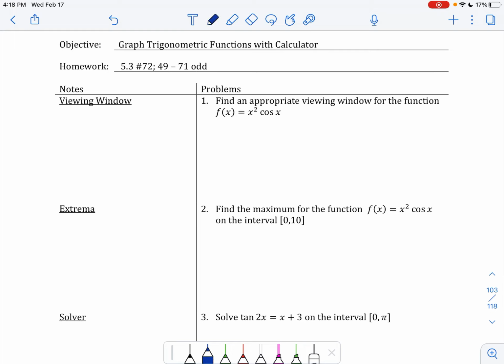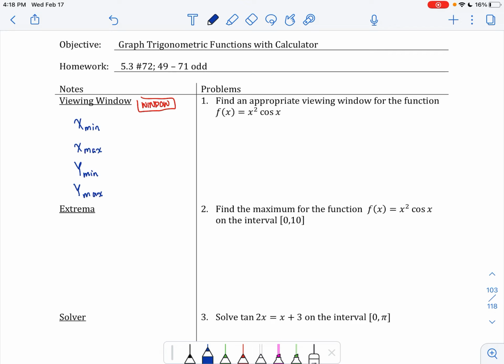The main thing with the viewing window, if you are on your calculator, is to go to the button that says window. In this case, you're going to have your x min, your x max, your y min, and your y max. These are the main things that you're going to be changing.